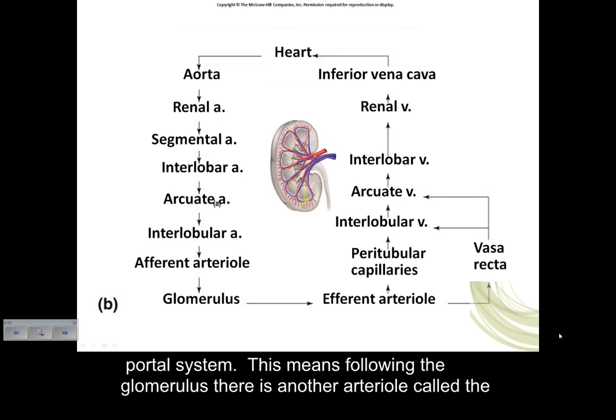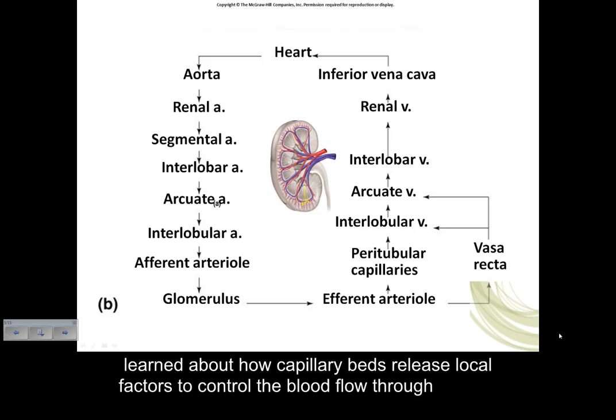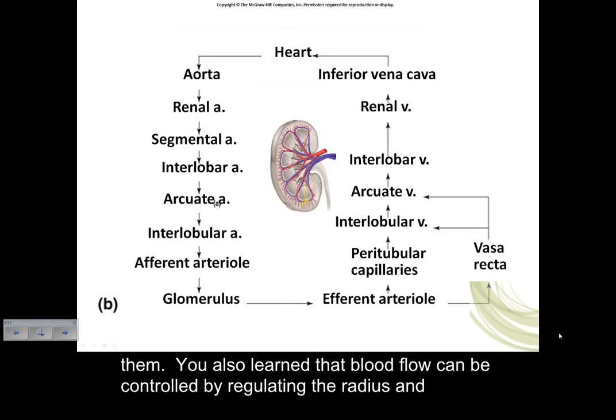Traditionally, a vein would follow after a capillary bed, but in the kidneys there is an arterial portal system. This means, following the glomerulus, there is another arteriole called the efferent arteriole, which means it is leaving from the glomerulus. Now, last unit, you learned about how capillary beds release local factors to control the blood flow through them.